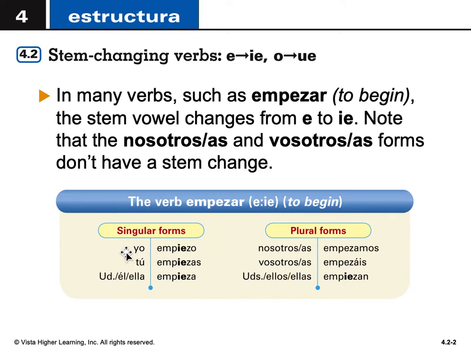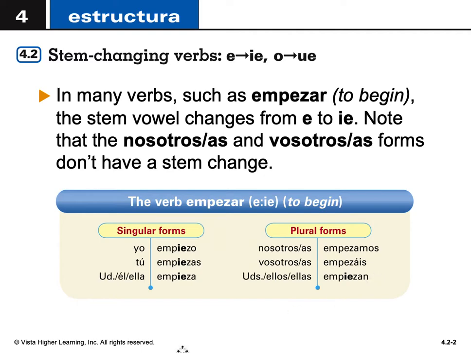Here we go. Yo empiezo, tú empiezas, él, usted empieza, but nosotros empezamos. Notice we go back to the original form as it was in the infinitive. Same on the vosotros, empecéis, and then ellos, ellas, and ustedes empiezan.